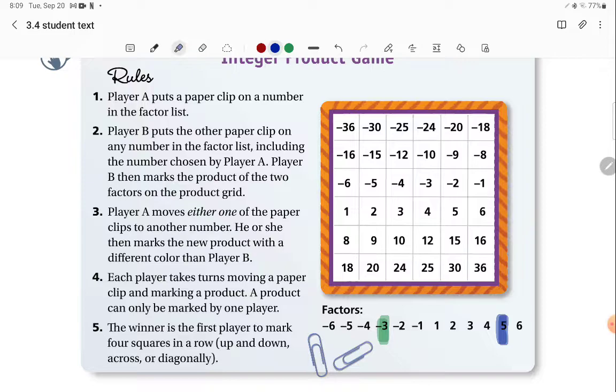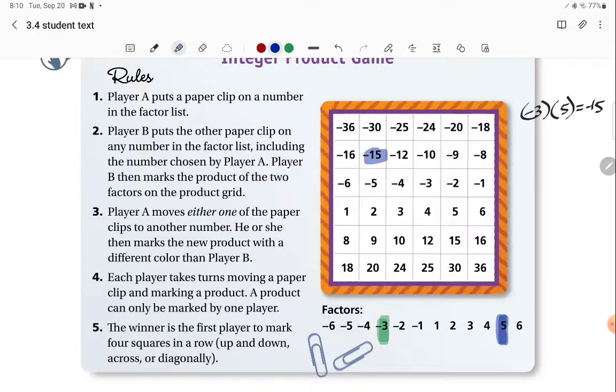Player B then marks the product of the two factors on the product grid. So the product of the two factors would be -3 times 5, that's -15. So player B, who is blue, is going to mark -15 up here.